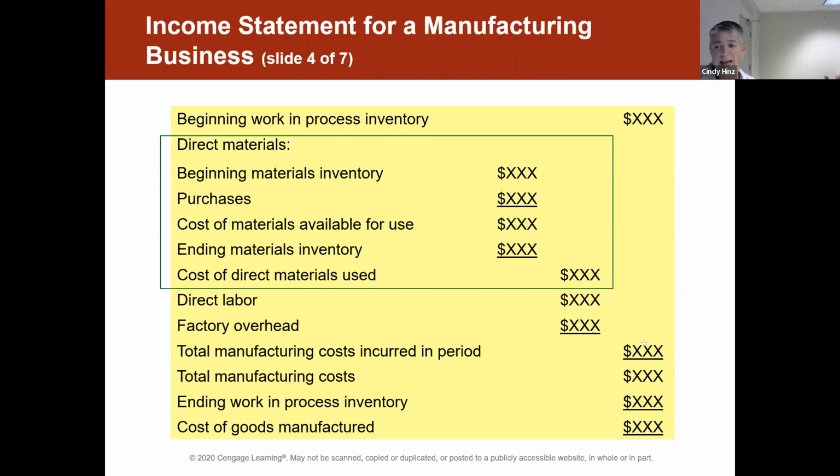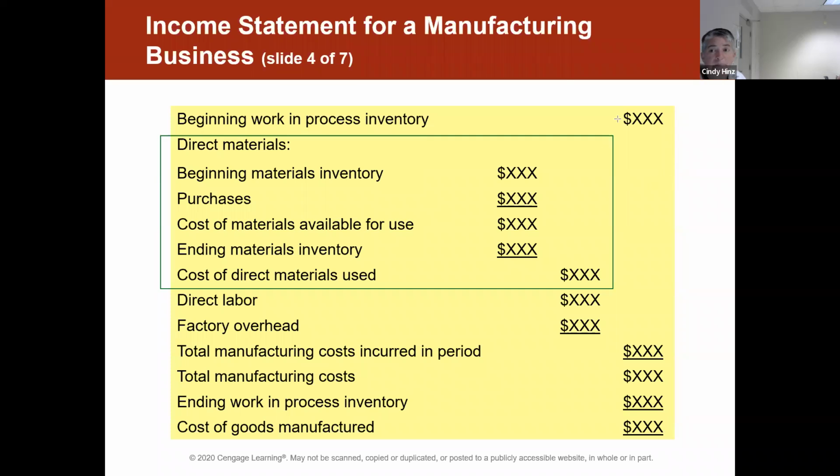Then we know how much we added in total to that account. We add that to the beginning balance so that we know everything that was in that account at any point during the month. We subtract what was left, the ending work in process, and that's how we get the cost of goods manufactured. That number is then used for calculating cost of goods sold, which does appear on the income statement.